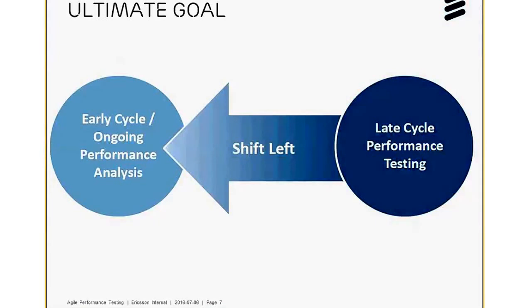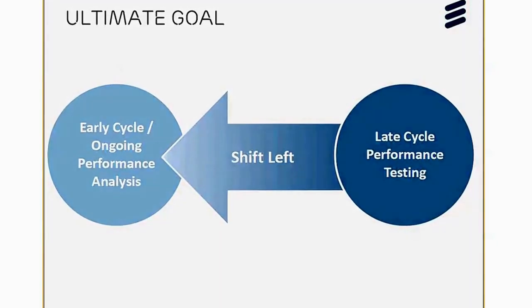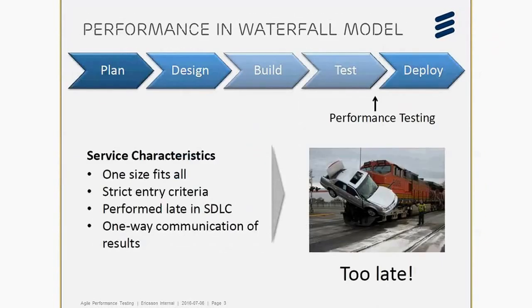Okay. But the ultimate goal of showing this is that we should not do late performance testing for a particular sprint. Even if you see the waterfall model, performance testing comes after all the system integration testing and UAT testing is done, and then there is a small scope for performance testing which needs to be carried out before production deployment.